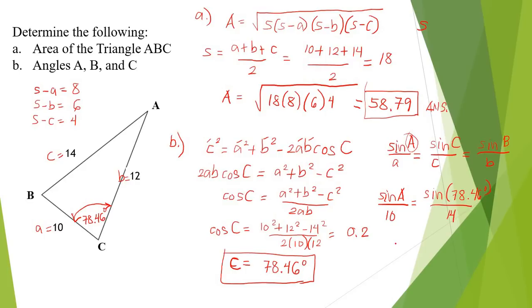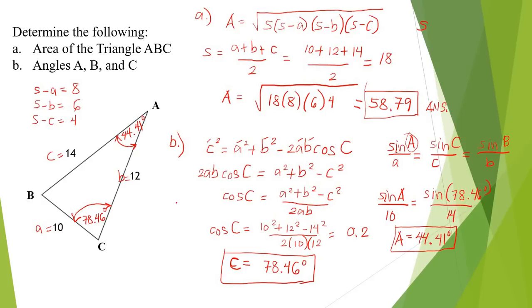So solving for A, we have our angle A would be 44.41 degrees. So our A is 44.41 degrees.